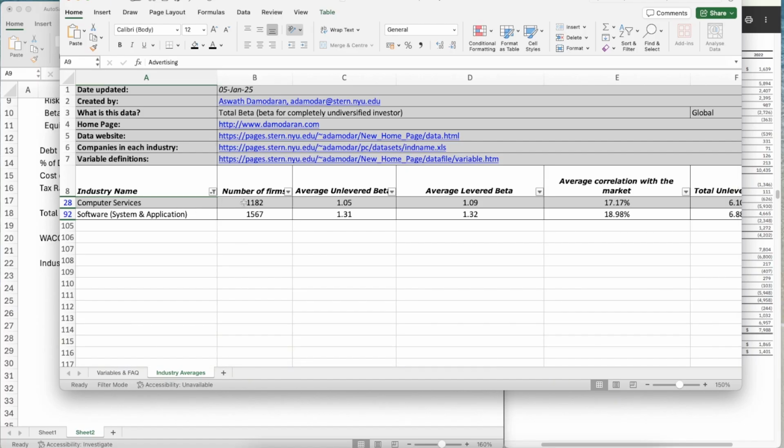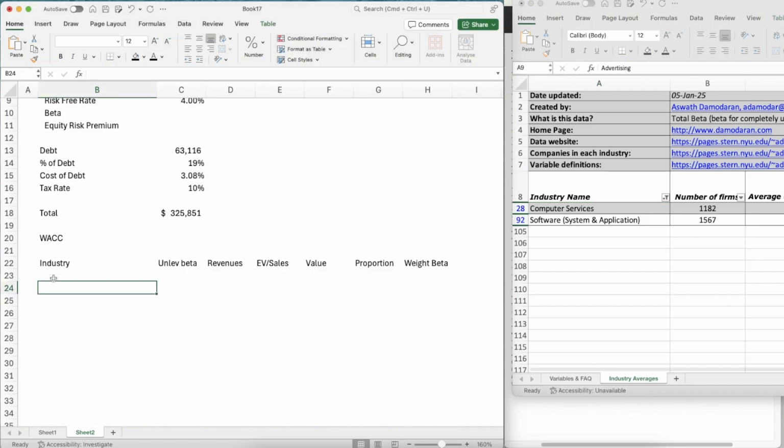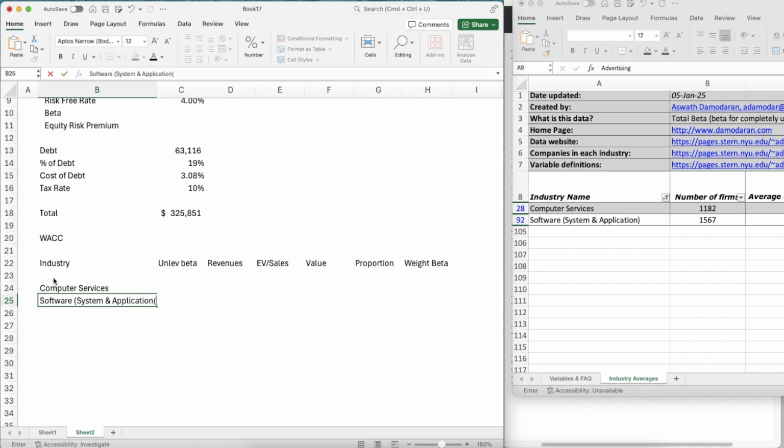The computer services we'll say is the consultancy side, and the software and system and application is everything else. We just need that first column, the average unlevered beta. Computer services, software, system, and application. 1.05, 1.31.